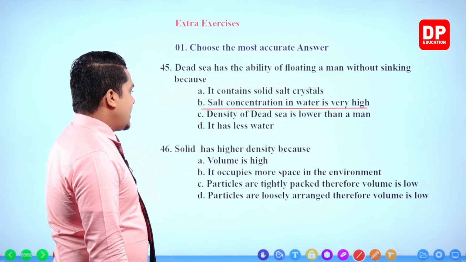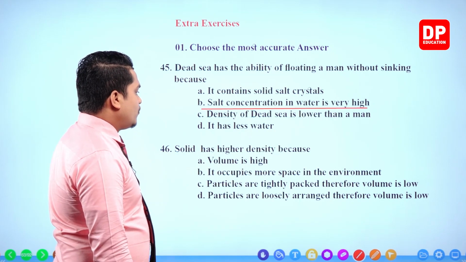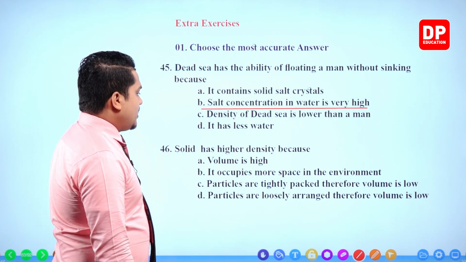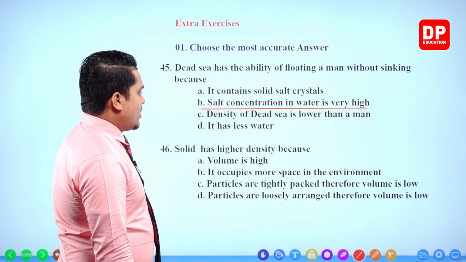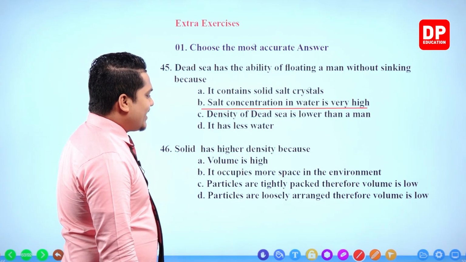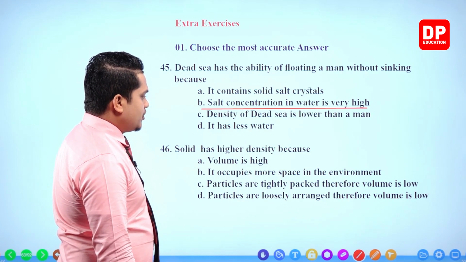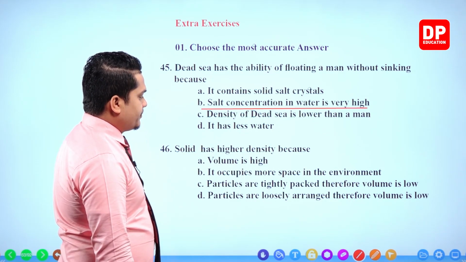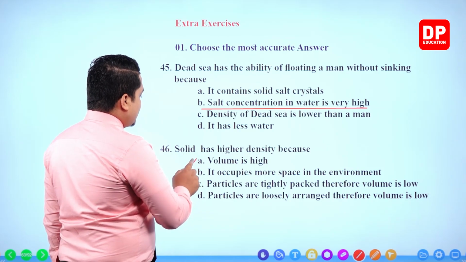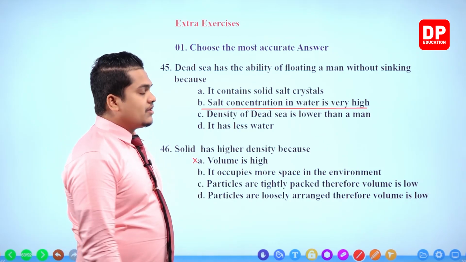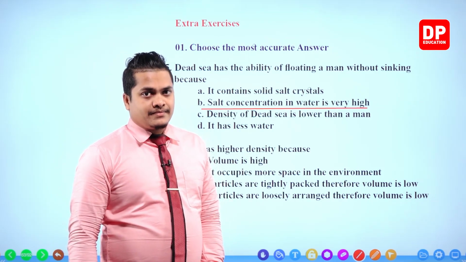Next one. Solid has higher density because volume is high. It occupies more space in the environment. Particles are tightly packed, therefore volume is low. Particles are loosely arranged, therefore volume is low. So, volume is high, incorrect. You know that in a solid, my dear children, volume is less.